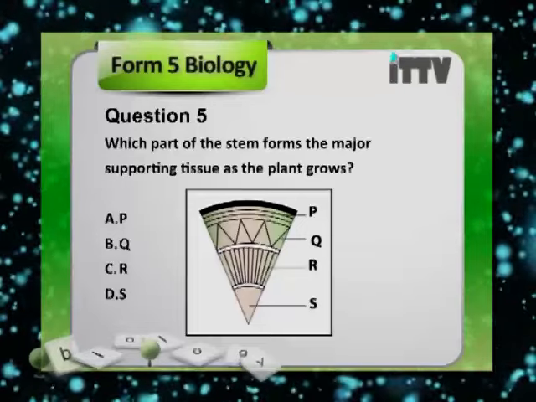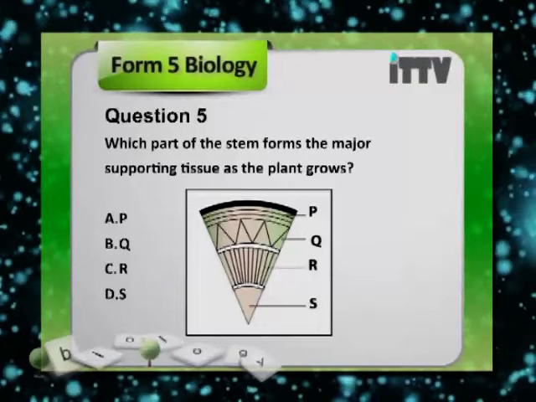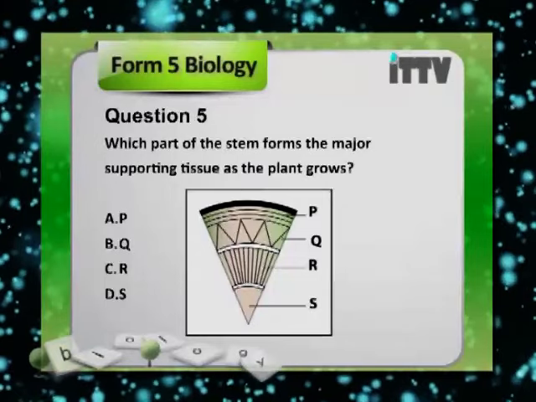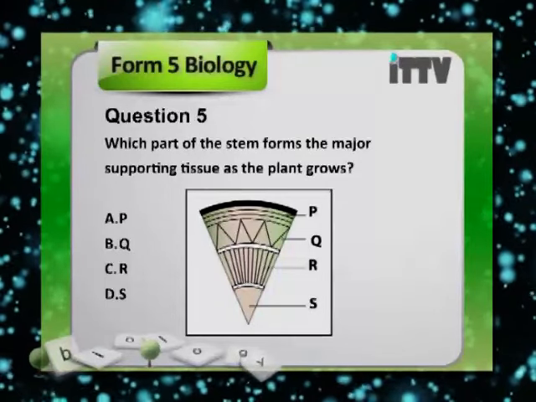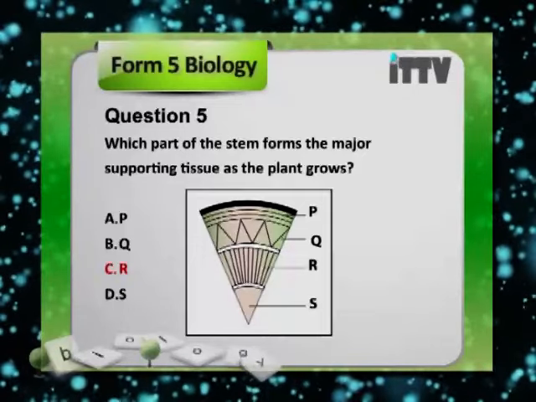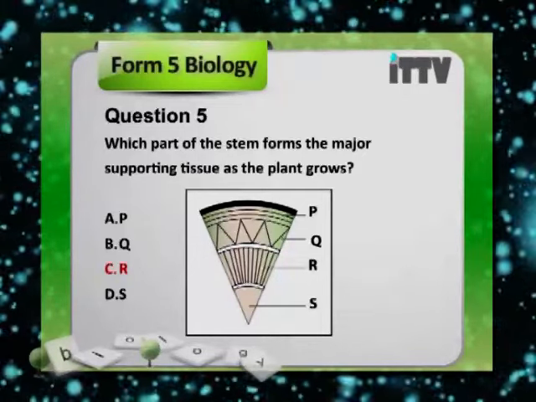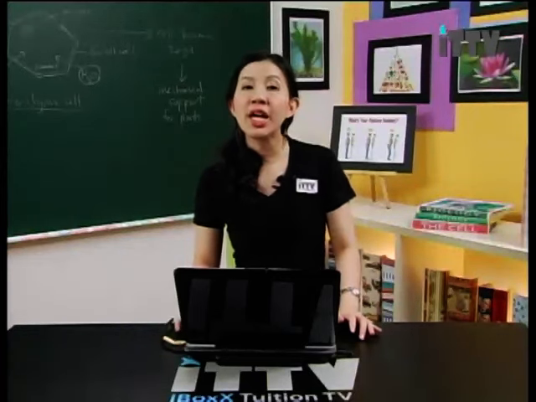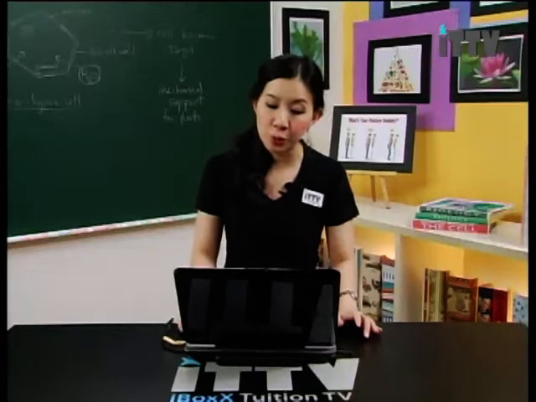So if you study the diagram carefully, the xylem tissue would be section R. Section R is the xylem, and thereby the answer is C. Section R is the xylem, which provides the major supporting tissue as the plant grows.